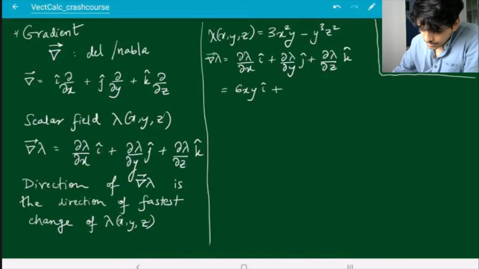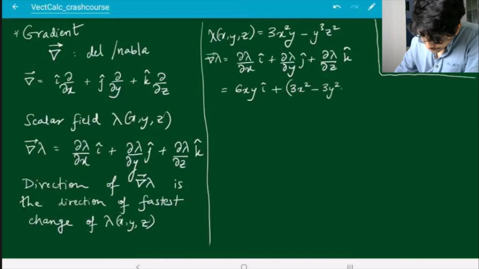plus what is partial derivative of this with respect to y? So the first term gives me 3x square, second term will also give me something. This will give me 3y square z square, j.